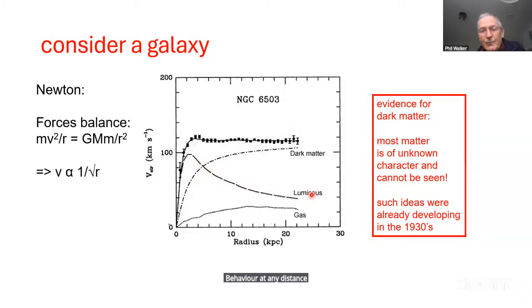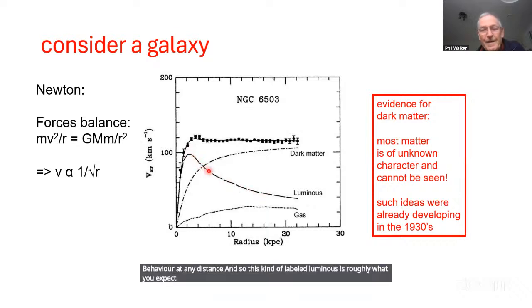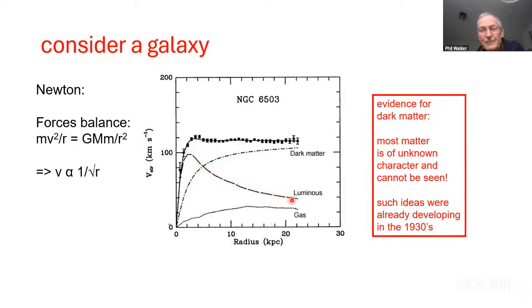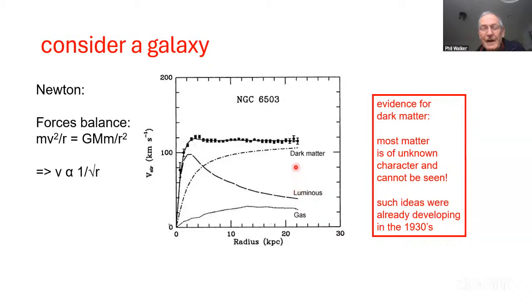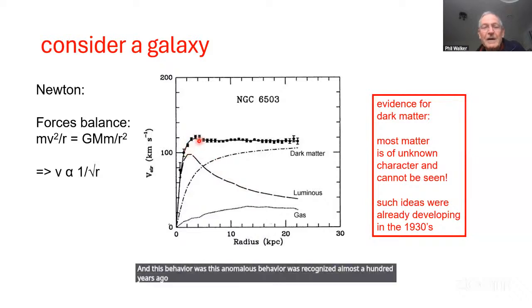And so this curve labeled luminous is roughly what you expect just from the distribution of mass as indicated by the glowing matter that you can see. This anomalous behavior was recognized almost 100 years ago.